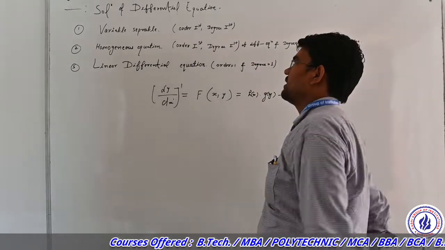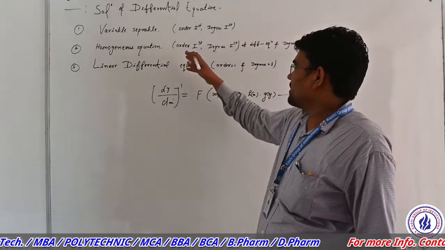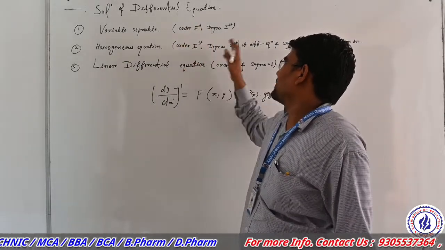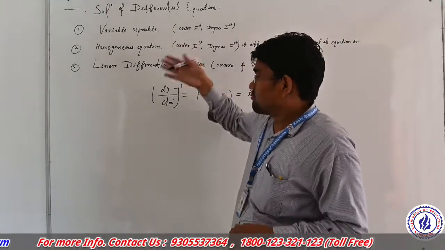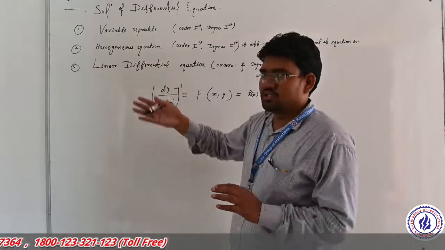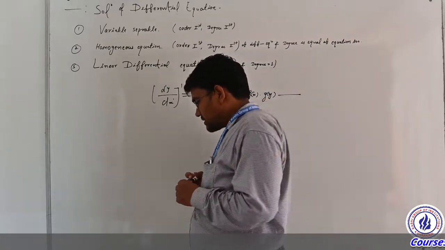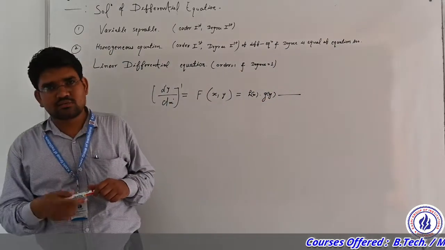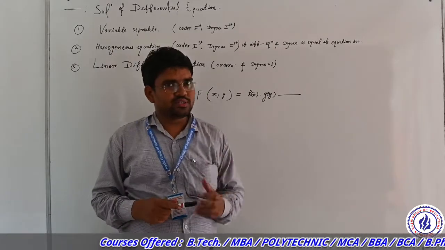So here we see that order 1 and degree 1, so we can apply variable separable. In homogeneous, in the same way, we have order 1 and degree 1. These are very confusing points, so I am writing all three together, because we will discuss them point-wise, and the problem is how we solve it in an easy way.